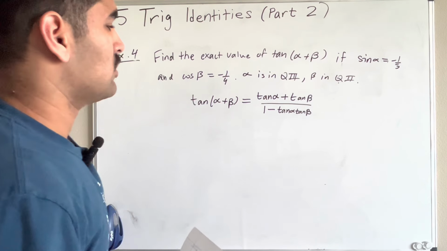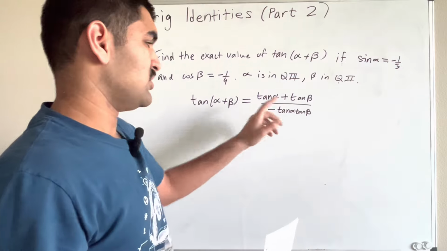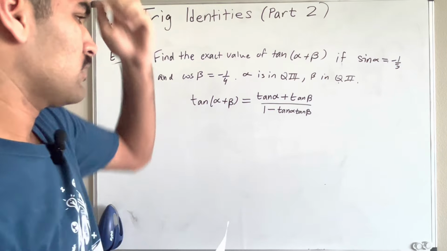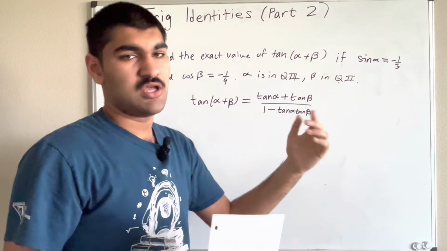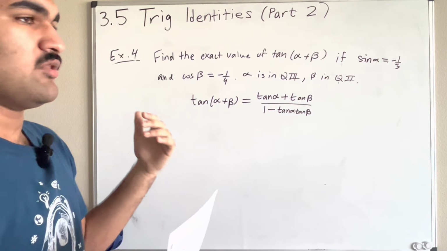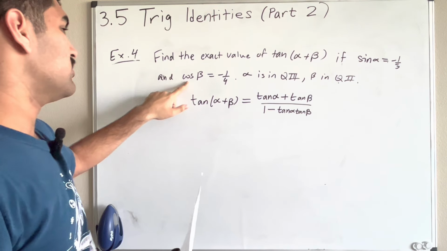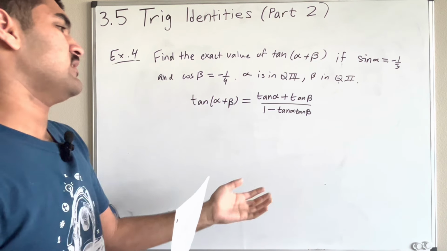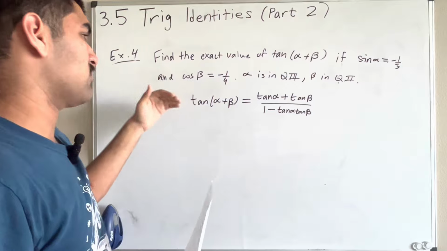Okay, so we're not directly given tangent anywhere. We're only given sine and cosine. But if we can find cosine of alpha, then we can find tangent of alpha as well, because tangent is equal to sine over cosine by the quotient identity. And similarly for beta, if we can find sine of beta, then we can also find tangent beta, because we just do sine over cosine.